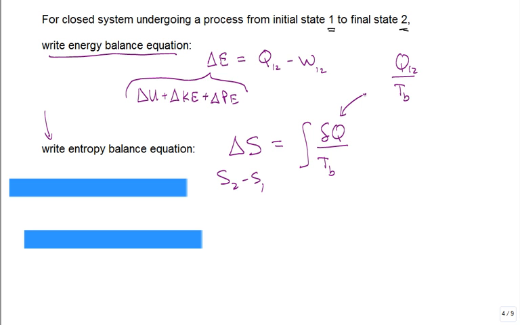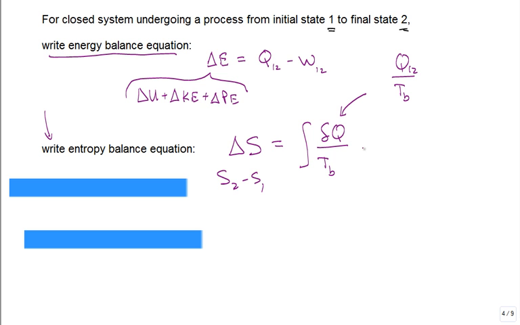What's the difference? In the second form, they assume that TB doesn't change. It's constant. The boundary temperature doesn't change. In the first form, they're saying that TB, the boundary temperature, could go up or down as I'm adding more heat or as the process goes on from initial state 1 to state 2.